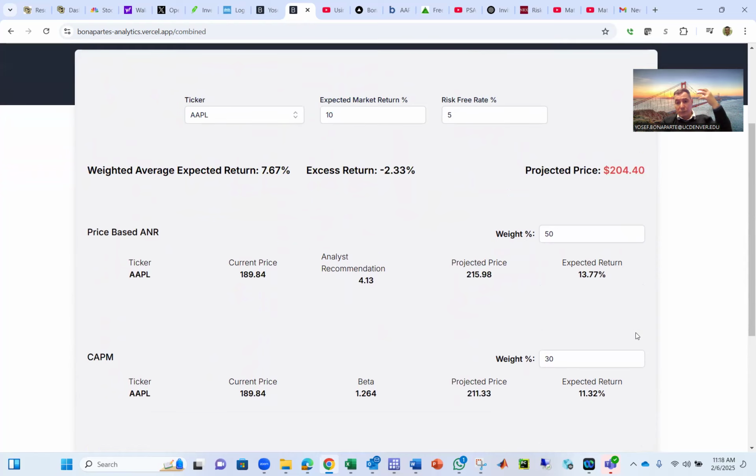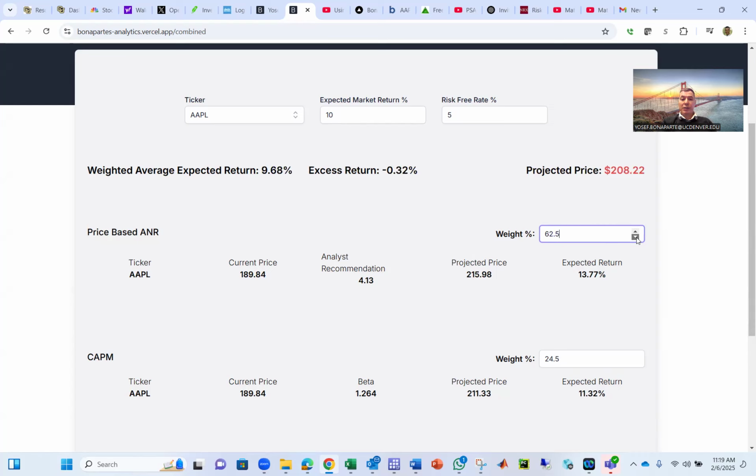Therefore, what you have to do is just change your weight, and then you can see. For example, if you put more weight here, it's going to take it from some other ones. You can take more weight here. So then the price goes up, and the excess return starts to become nearer to 0. See, the more you put here, the more the excess return changes. If the excess return becomes positive, then the company is a buy.